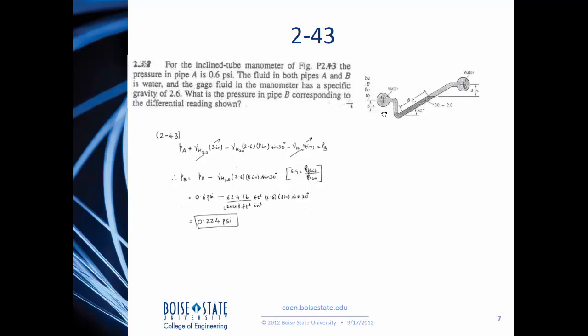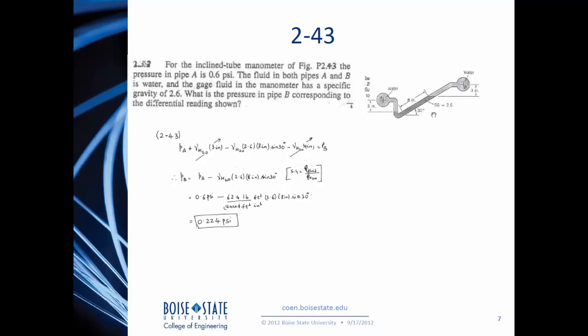The reason I'm adding is that whenever I go down the tube, the pressure increases, so I need to add it. And then since there is a different fluid here, and the height of the fluid is what we are interested in, you take the specific weight of water times 2.6, which is the specific gravity, which will give us the specific weight of the fluid contained in this inclined portion.